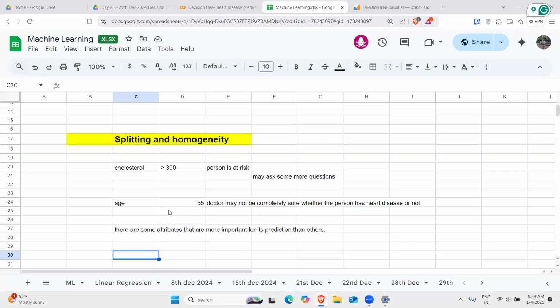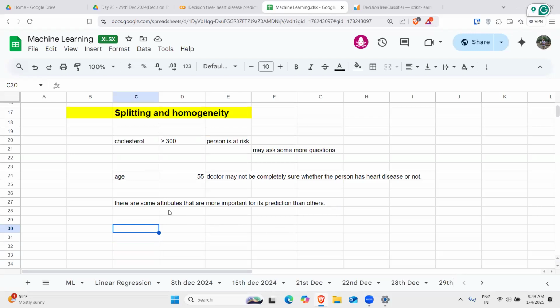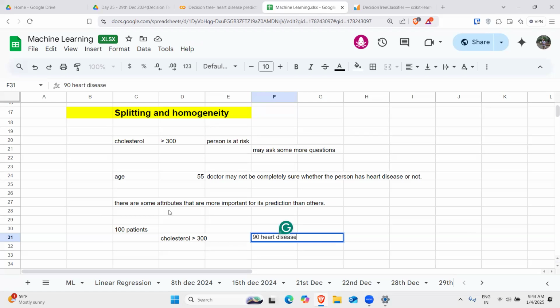Say in his or her experience, that doctor has seen that out of every 100 patients who have cholesterol higher than 300, 90 had heart disease, and 10 did not have heart disease, right?